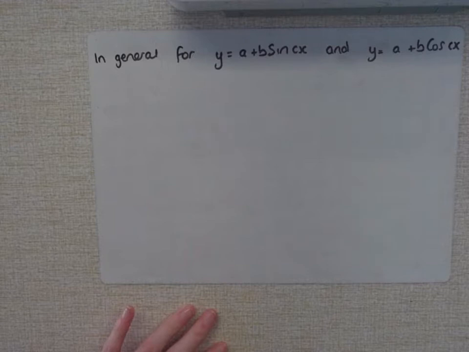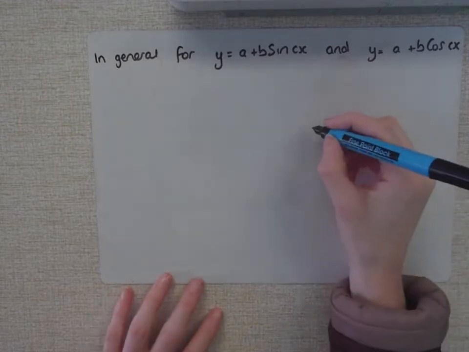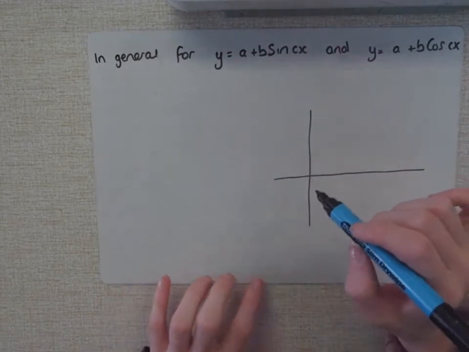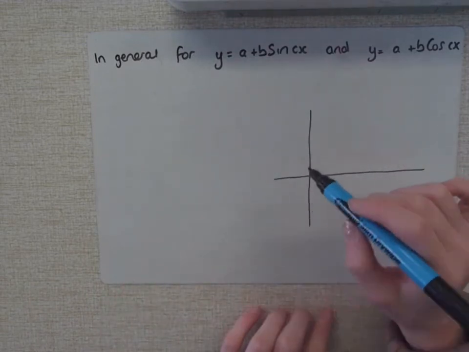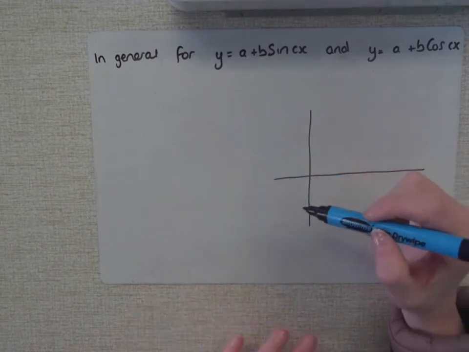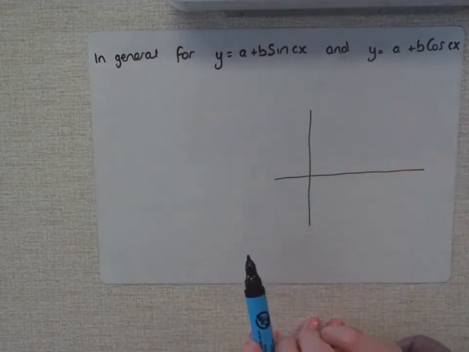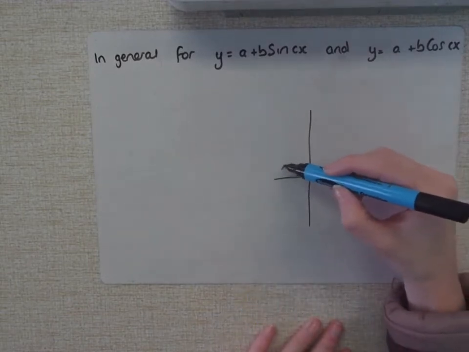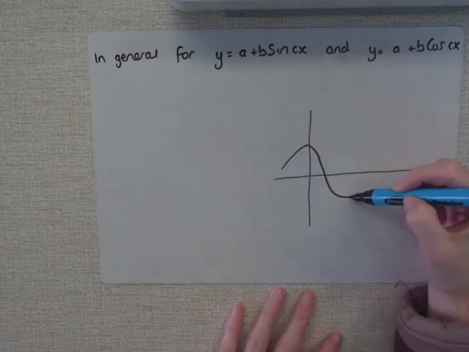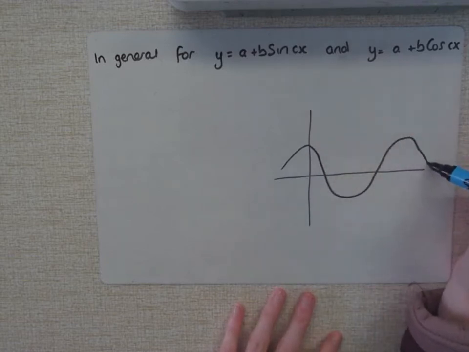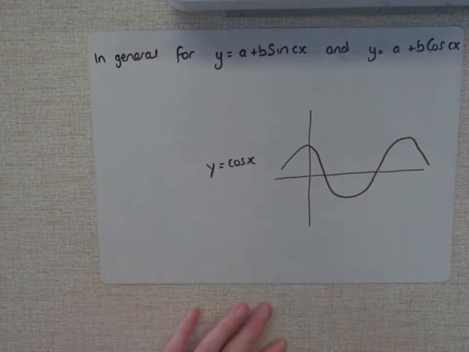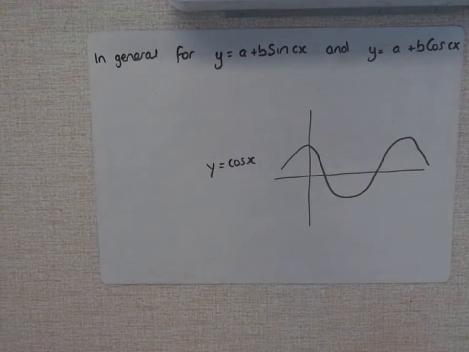There's no need for you to take down the graphs. There's my y equals cos of x graph. You don't need to draw it, just have a look at it.